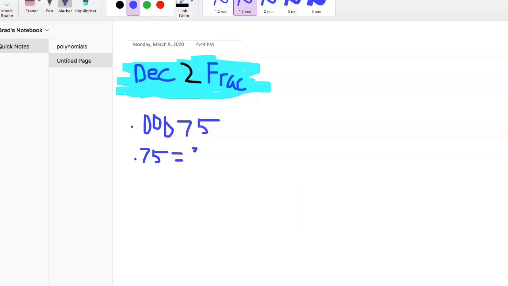We're all happy with that, hopefully. Then what about 0.075? We added 1 0, so we're going to add 1 0 to the denominator: 3/40.